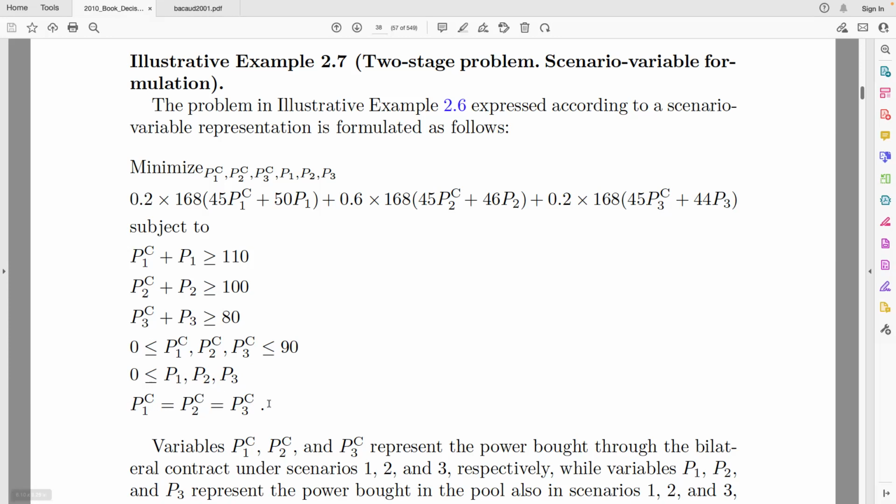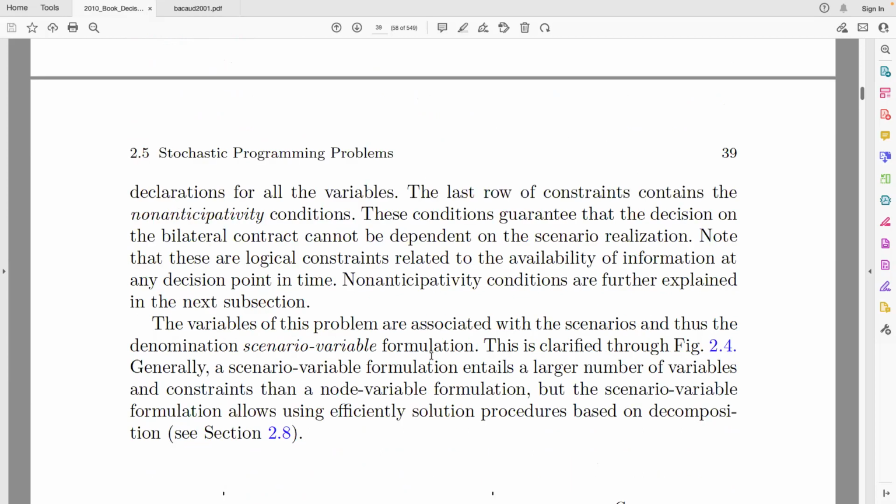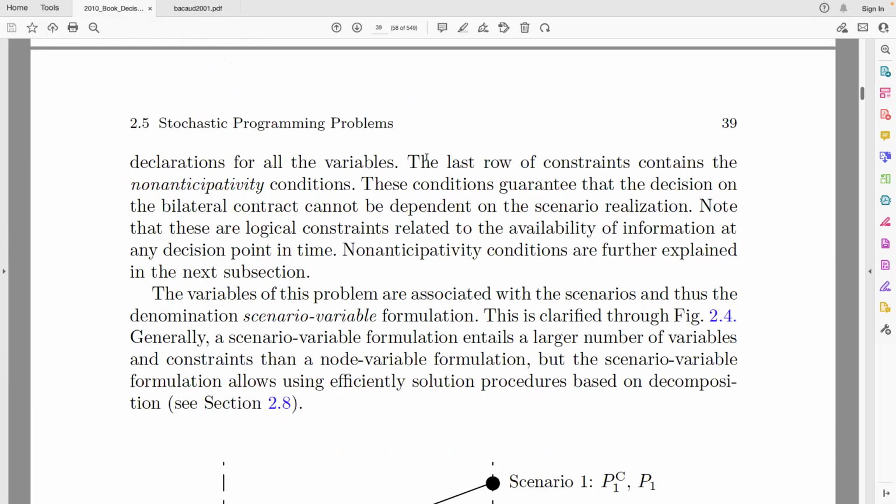And the last constraint is the non-anticipativity constraint. That means that the power from the contract has to be the same for all the scenarios. If not, then we have a problem. As the author says, if those variables are not the same, then the optimization problem is using the information of the uncertainty to define the values of these three variables.